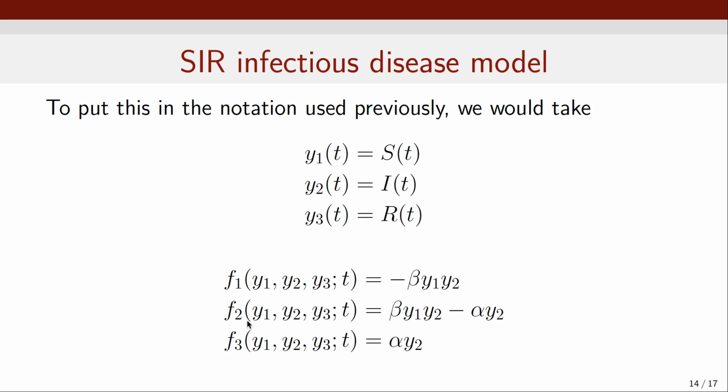And similarly for f2, that is equal to beta S I, or beta y1 y2, minus alpha times I, or alpha y2. And finally f3 is alpha times I, so that's alpha times y2.